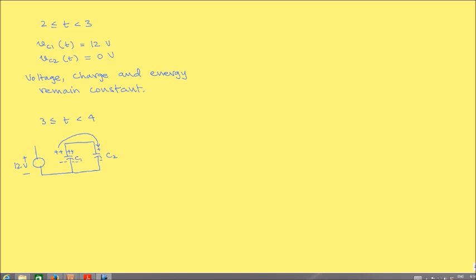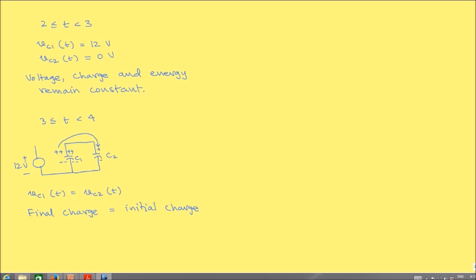This charge will continue to move till the two voltages on the capacitors become equal because they are connected in parallel. So VC1 will be equal to VC2 during this time interval. To be able to calculate the final voltages on the two capacitors, we know charge conservation must hold so that the final charge must be equal to the initial charge on the two capacitors taken together.